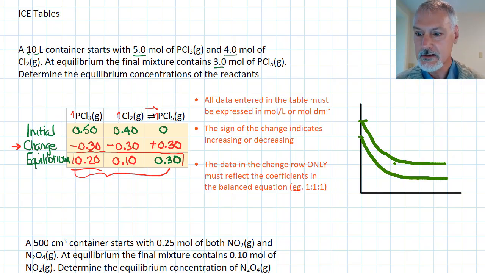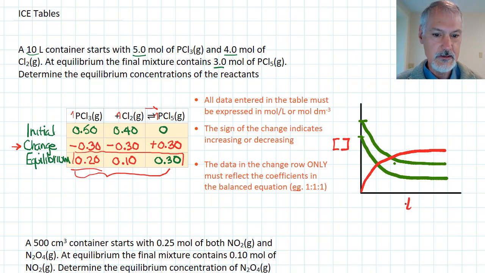And finally, my product starts off at 0 and finishes at 0.3, so it would go something like this. So this side here represents the concentrations of my species, and here is time. And a quick look would indicate perhaps at this point we've reached equilibrium because the amounts aren't changing anymore.